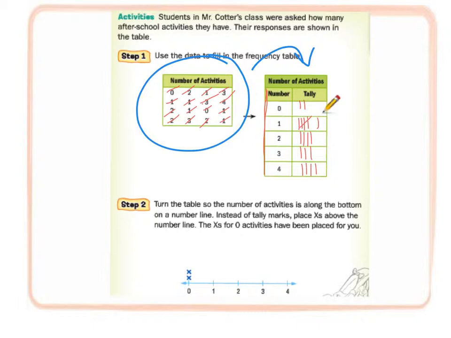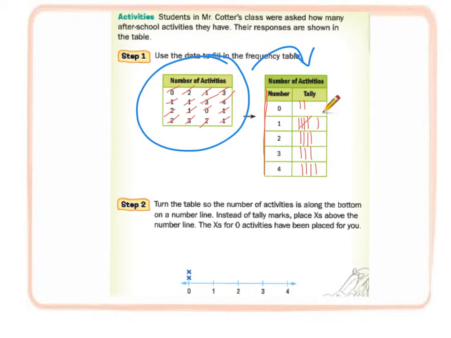So for it to make sense, number of 0 activities, that means you go home and you had nothing to do after school. How many of you had 1? Say you had track practice after school. 6 of you had track practice. 2 activities. Say you had track practice and then you had to go to religion. 4 of you had 2 activities. 3 activities. Say you had track practice, religion, and Girl Scouts. 3 of you would have that. And then say you had 4 after-school activities.